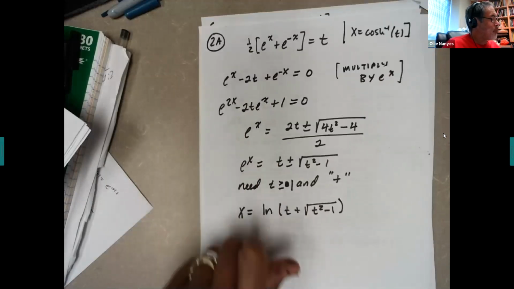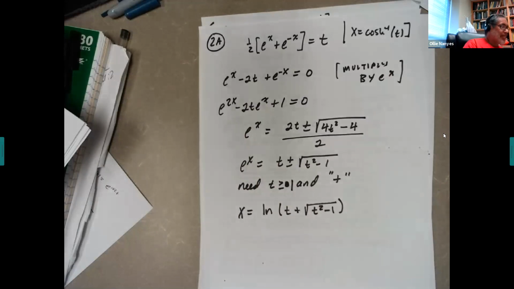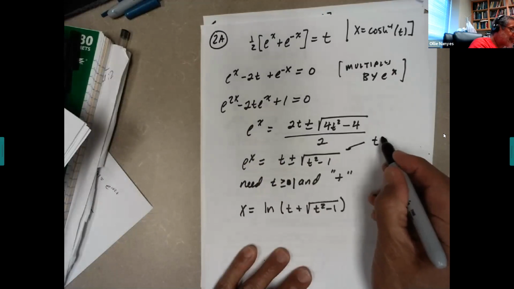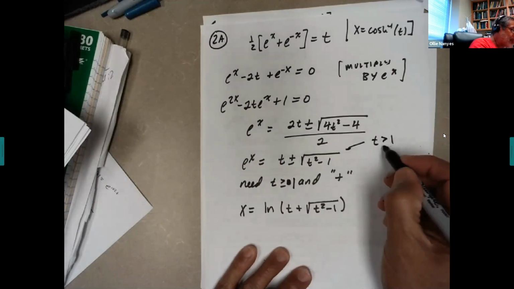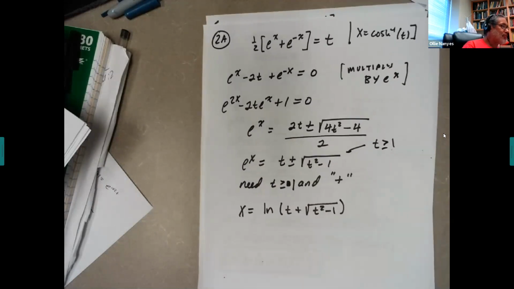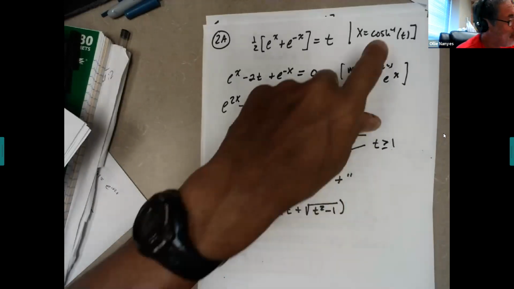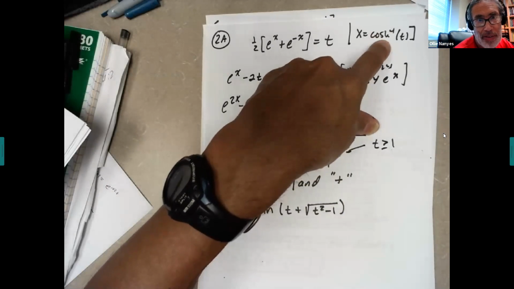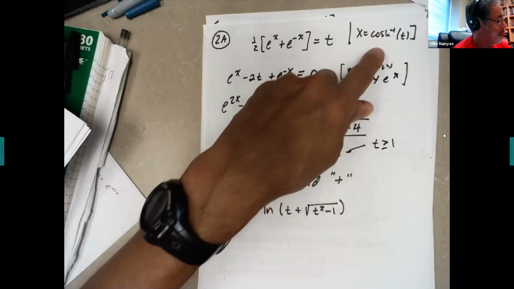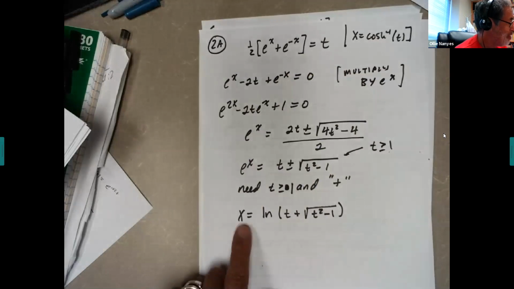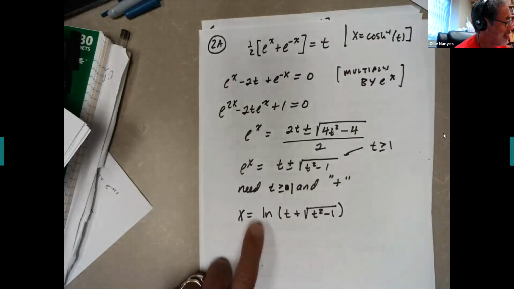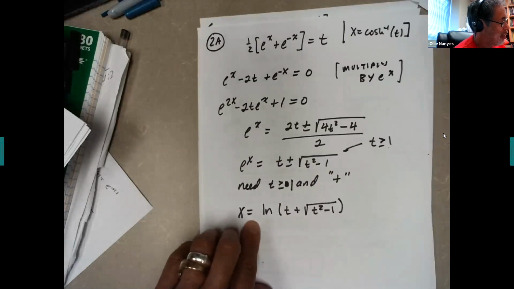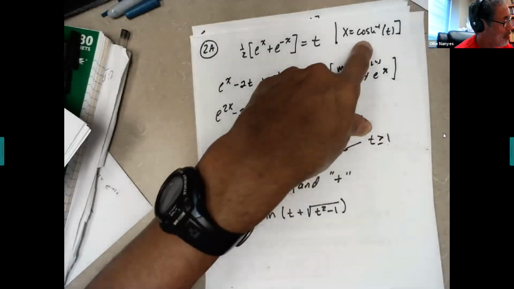Now we do have to worry just a little because this only makes sense if t is greater than or equal to 1. But we knew that to be the case because its domain is t greater than or equal to 1. Well, that shows up here, and we now know what x is. So this is how you expand inverse hyperbolic cosine.